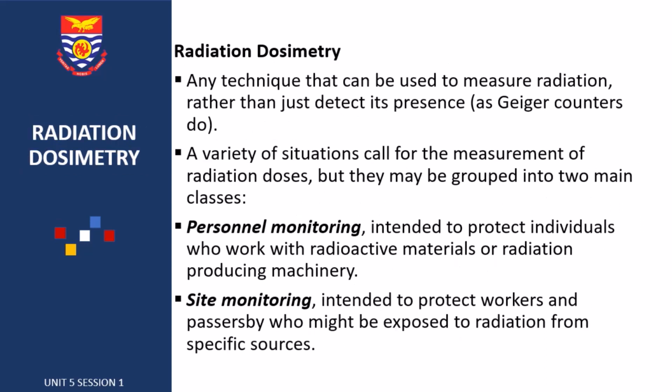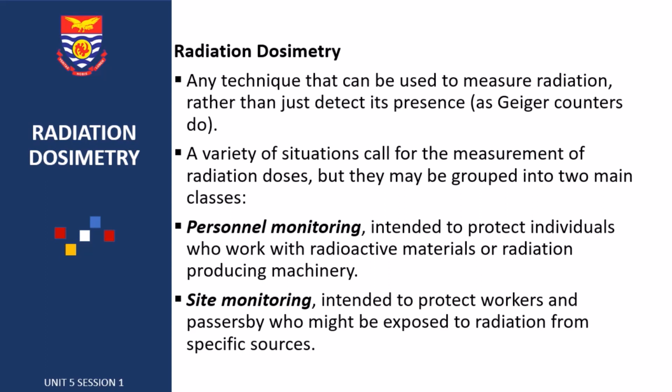Let us look at radiation dosimetry. Radiation dosimetry is any technique that can be used to measure radiation rather than just detecting its presence, as we use the Geiger-Müller to do. So dosimetry will help us to detect the presence of these radiations and also to measure them.